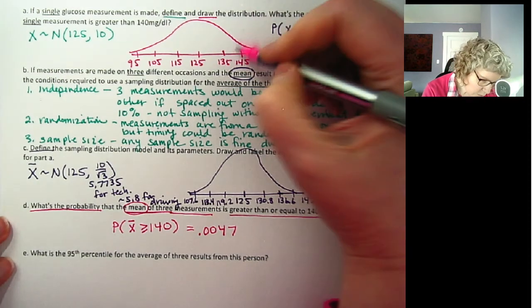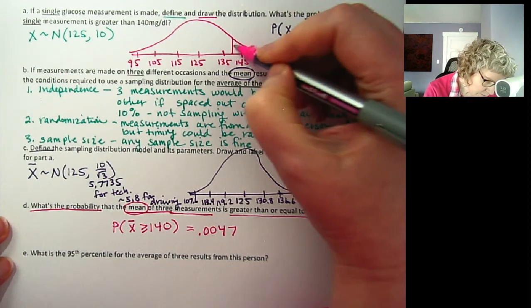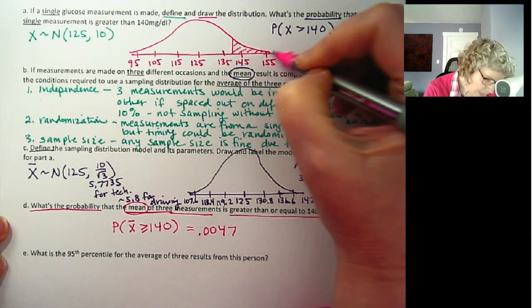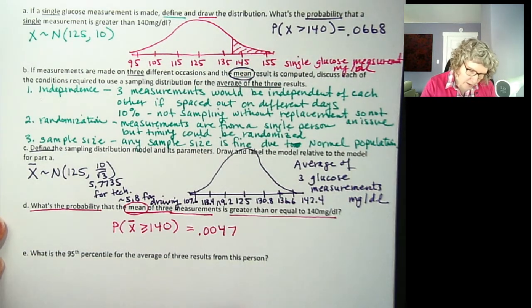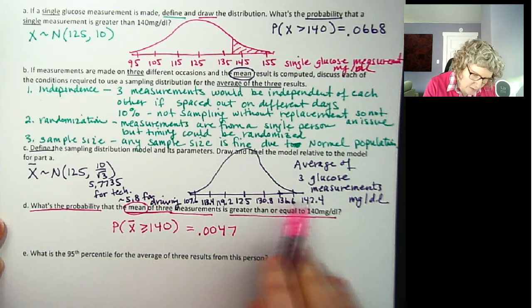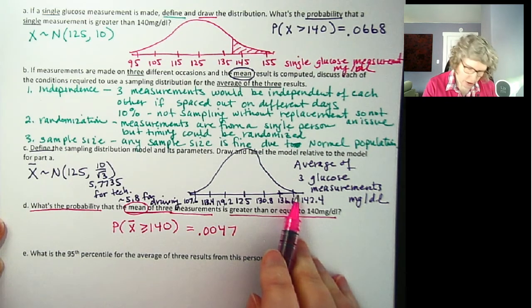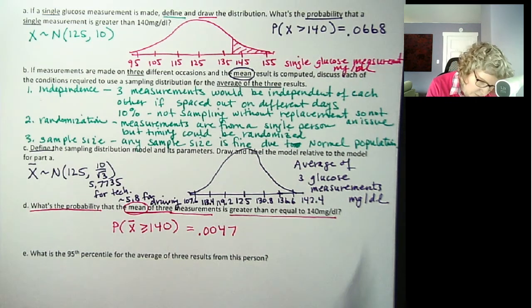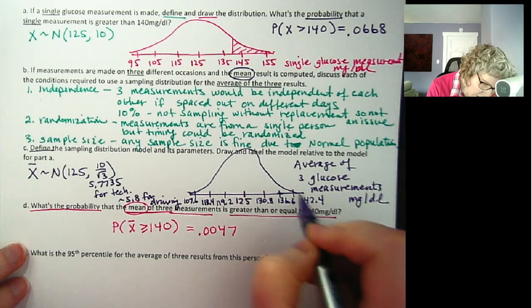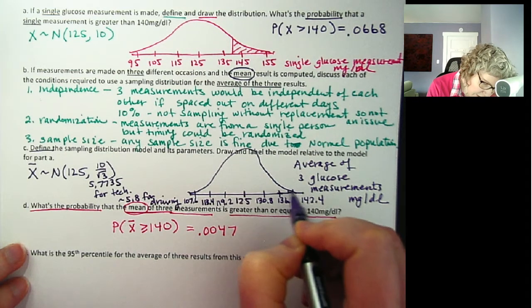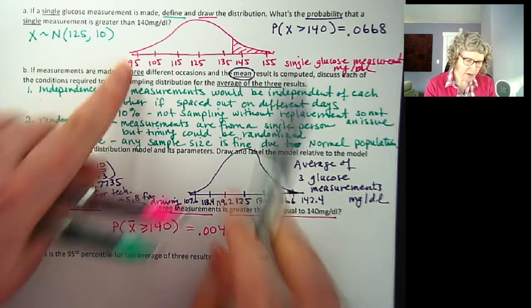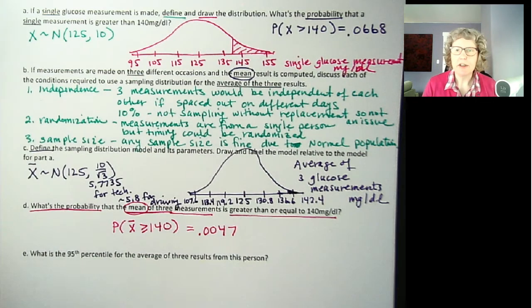Original 140 is right here, right? So that's our probability. Now 140 is way out here. Can't really even shade it, it's so far, well actually this is 142, so it's more like that. Because this got narrower, the probability got smaller, okay? So don't worry when that happens.